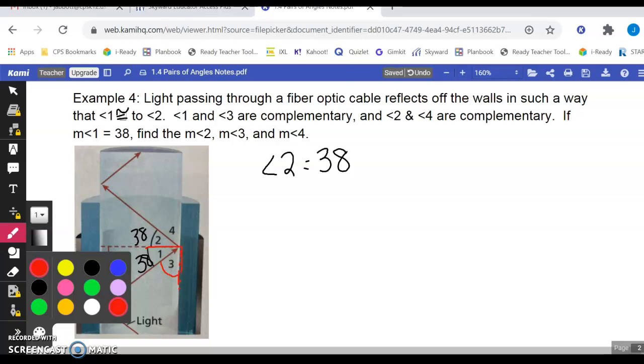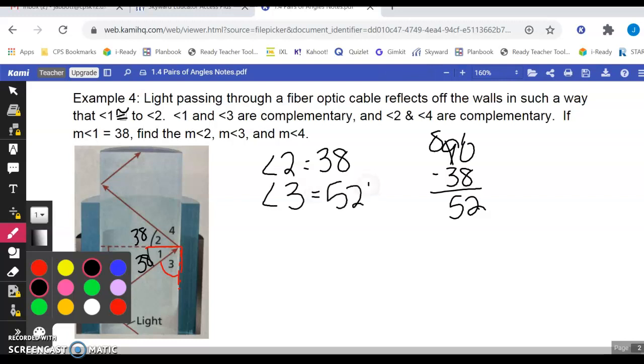So the measure of angle 3 would be 90 minus 38, and that would be 52 degrees.